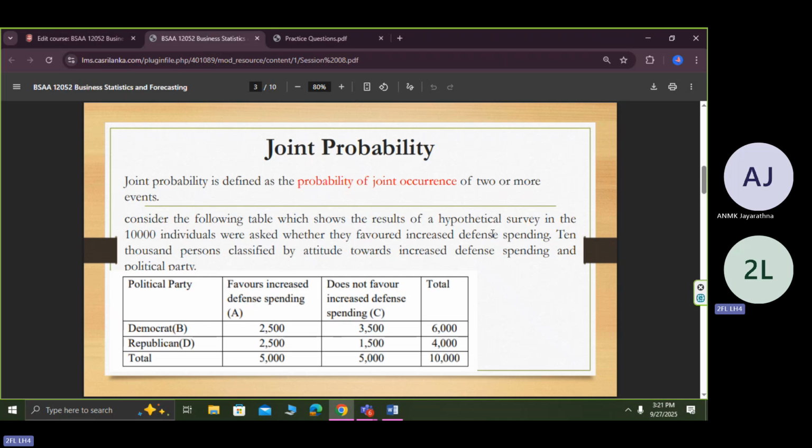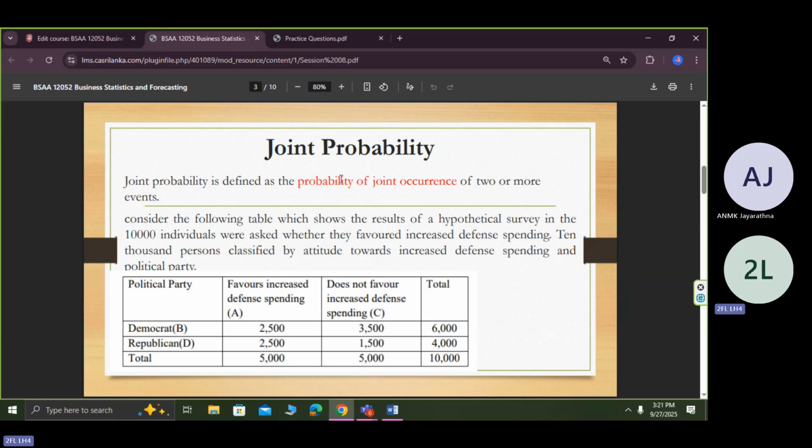It's clear? This table shows two variables: political party, Democrat and Republican, and their attitude, whether they favor increased defense spending or do not favor it. Understood? These values represent how many respondents there are.